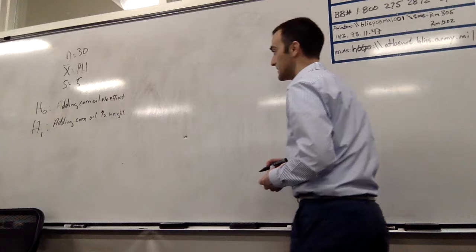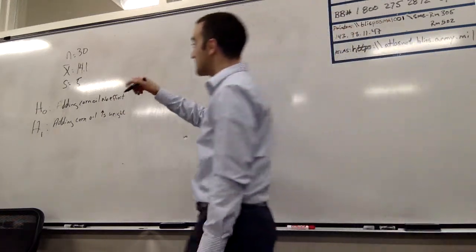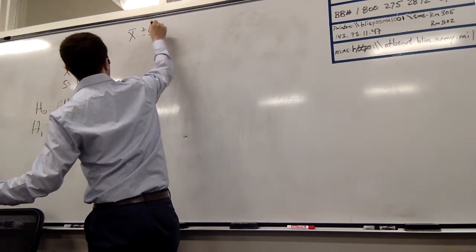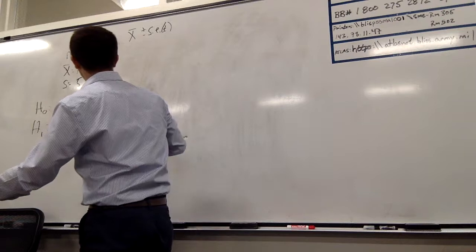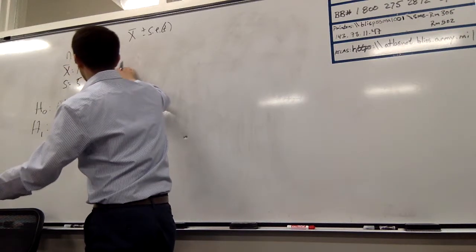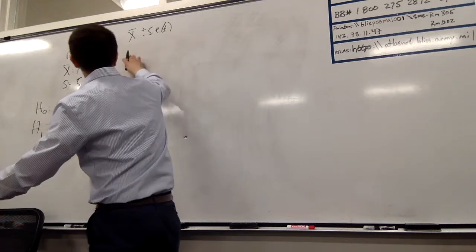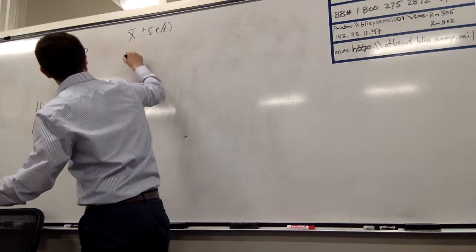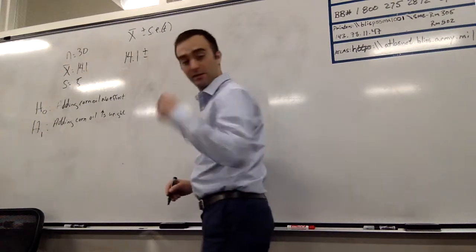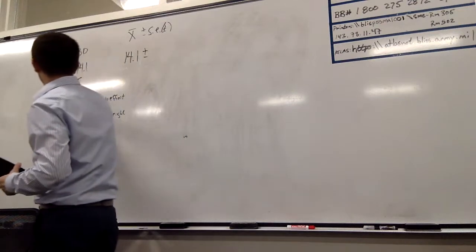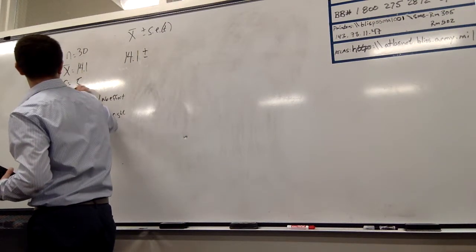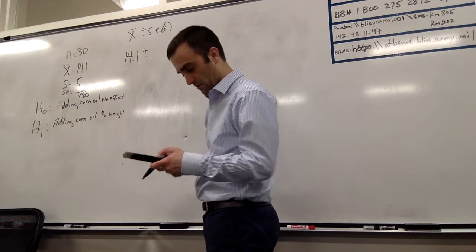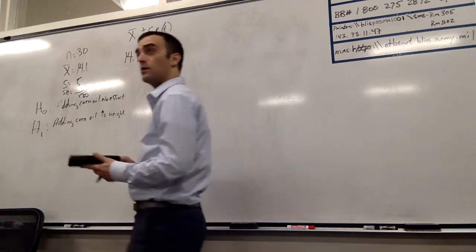Getting to the point of actually testing this with the sample data. So when you do your range, we're going to be 95% sure that adding corn oil to the feed will increase weight by X bar, 14.1, plus or minus your standard error, which is 5 over the square root of 30, .91.